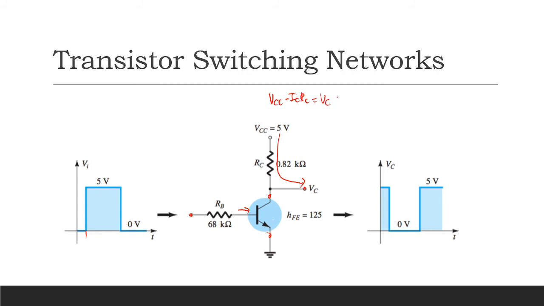Now, assuming na mababa lang, kumbaga tanggalin muna natin itong, assume natin na mababa lang yung value ng ICRC natin. Magkakaroon ka ng output na, kumbaga, kunin natin to with respect to ground. Kasi yung ginawa ko na circuit na to, parang it's as if hinati natin yung voltage.